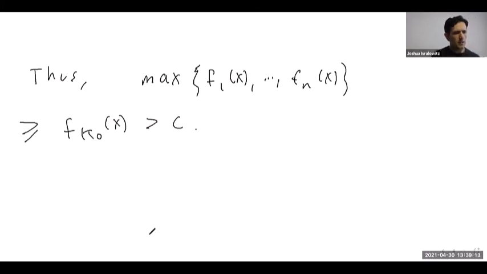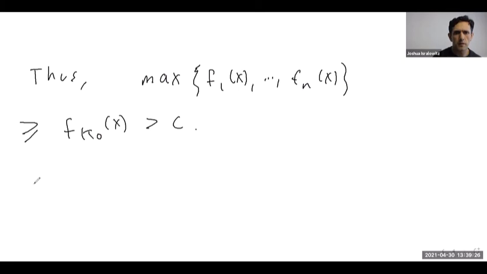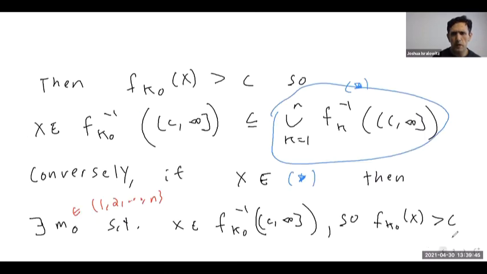Right, and so that basically finishes up the proof. Let's give this a name. Let's call this big F again. So what does this tell me?